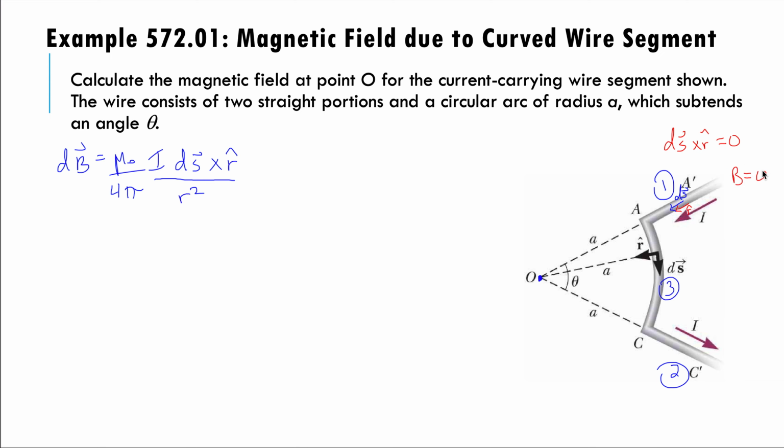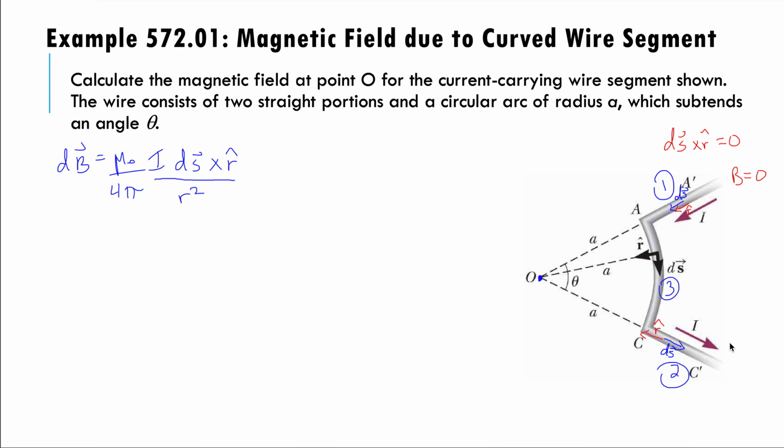We can do the same thing for segment 2. In this case, we're going to draw a ds segment pointing in the direction of the current. So ds is going to go to the right here along the segment. And then the r hat vector points from ds towards the point O. So in this case, we can see that ds and r hat are in opposite directions.